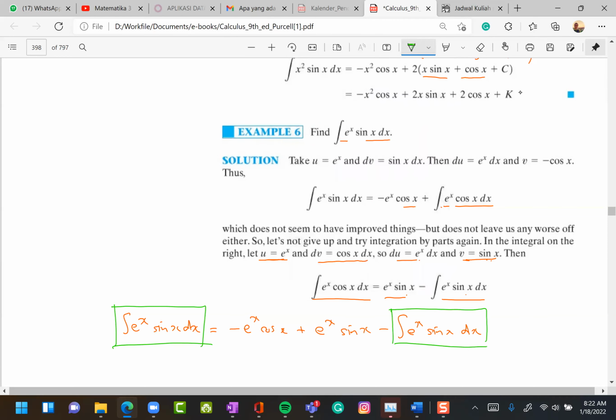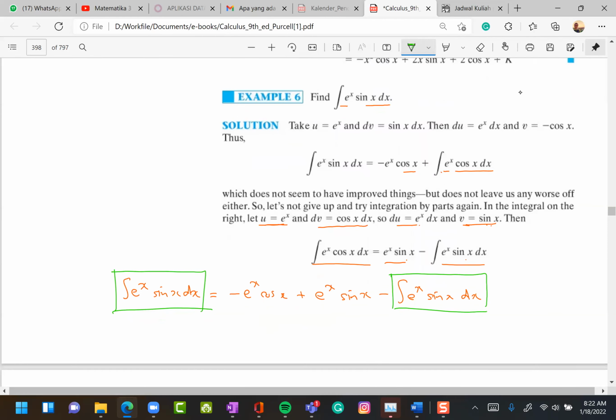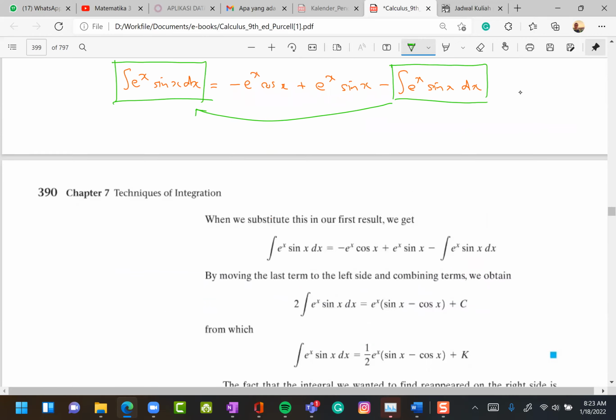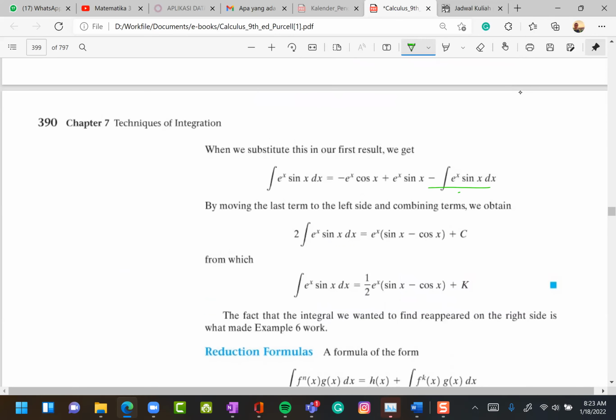The original integral reappears on the right-hand side. So you move this over. This is negative, so there are two of these. You combine this on the left-hand side, you get two of them here, from which we just take 1/2 of this.